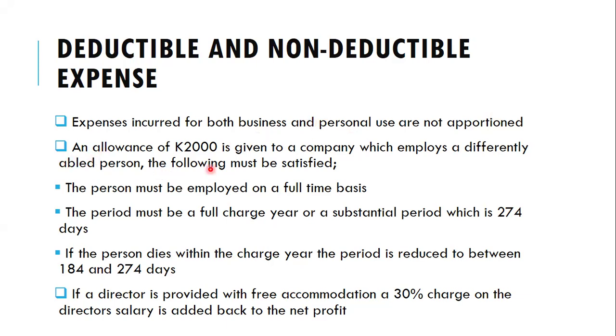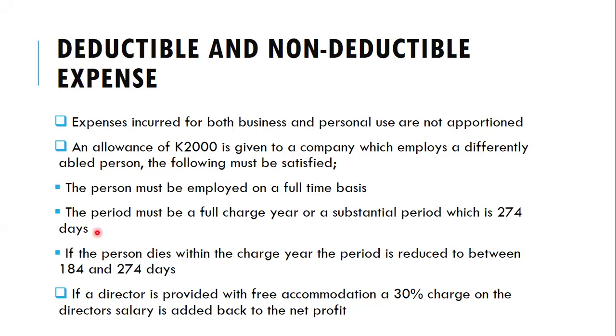An allowance of 2,000 is given to a company which employs differently abled persons. The following must be satisfied. Where a company has employed somebody who's differently abled, an allowance of 2,000 kwacha is given, but there are certain conditions that need to be met. One, that person must be employed on a full-time basis.